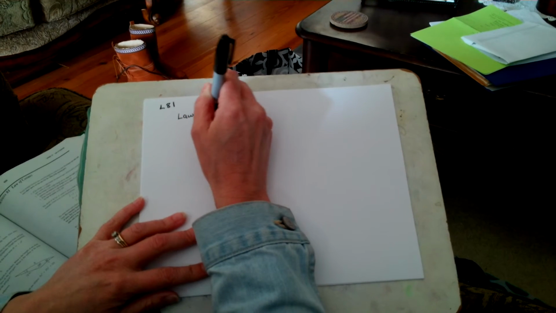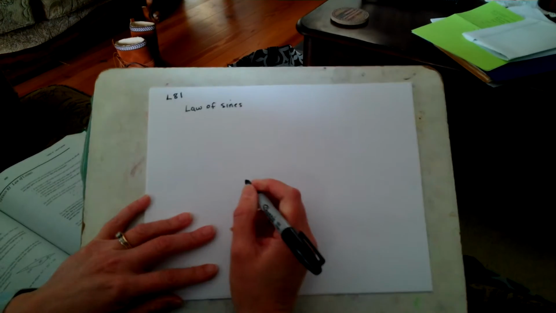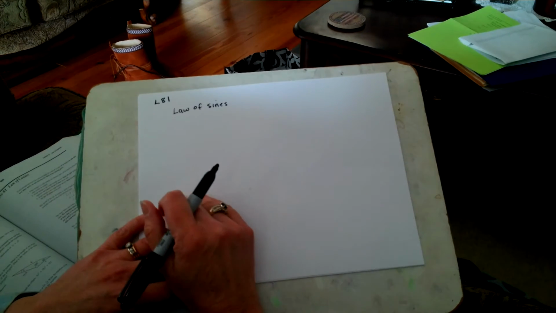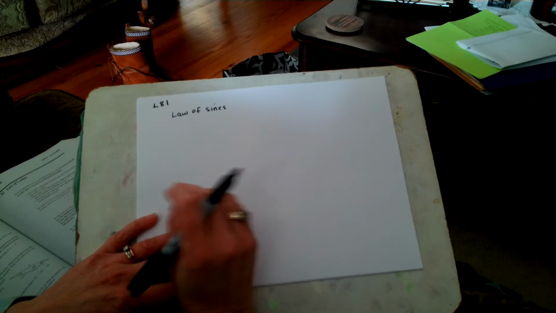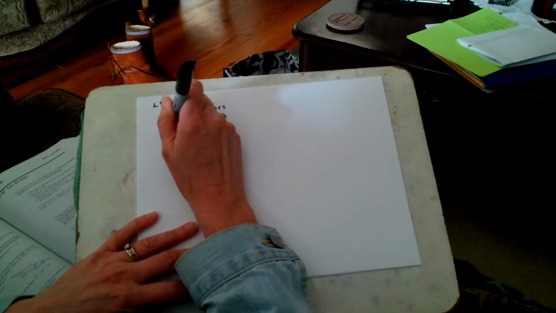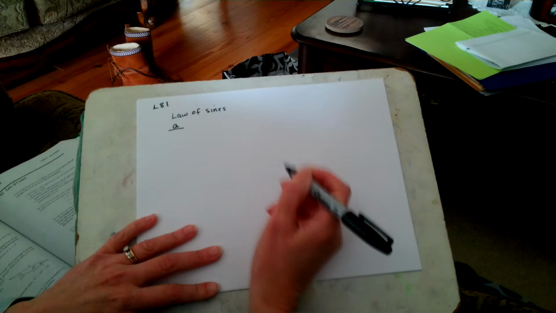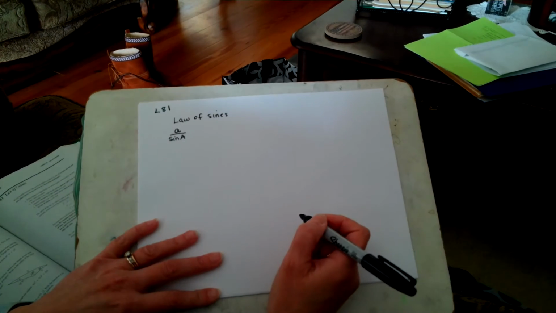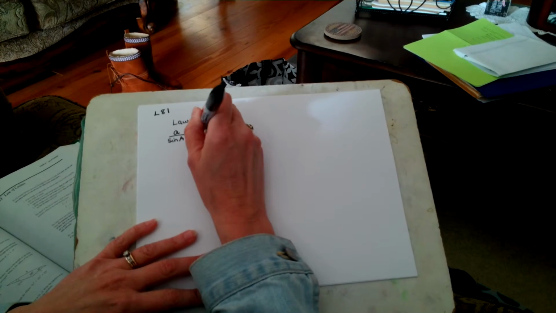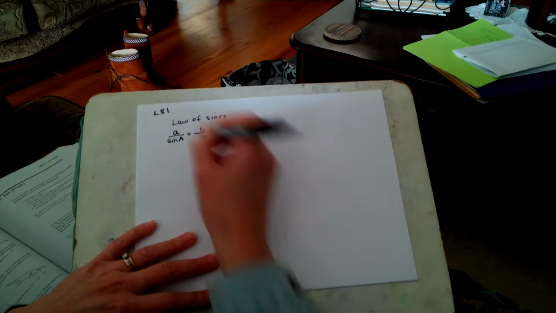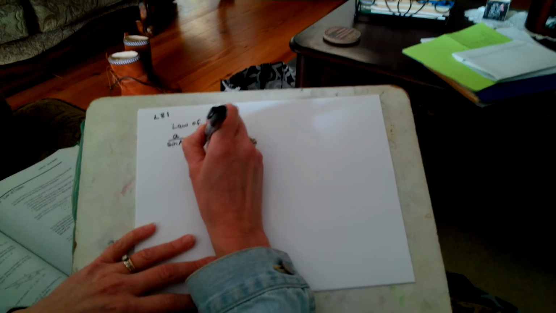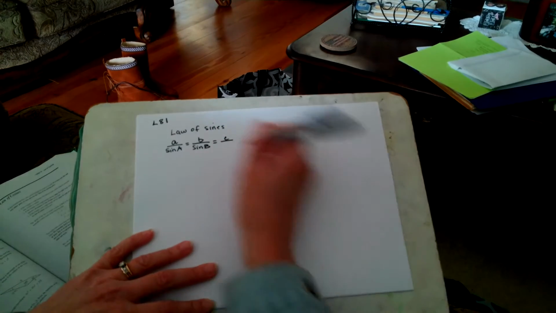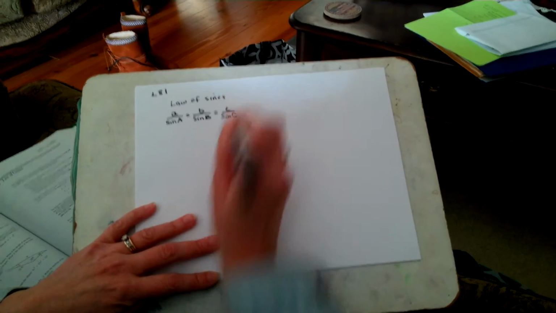The law of sines says that in a triangle, right or not, there are three ratios that have to be equal: the one side, A, divided by the sine of the angle opposite it, the second side, B, divided by the sine of the angle opposite it, and the third side, C, divided by the sine of the angle opposite it.